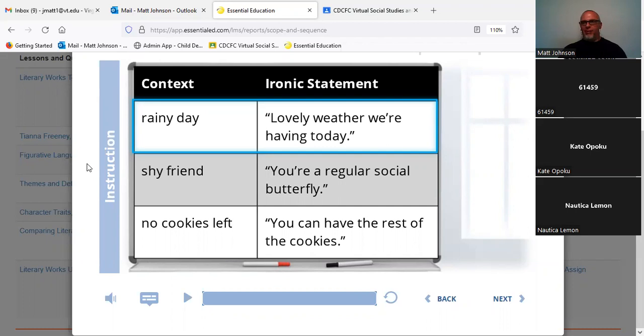You get a flat on your tire and find out that you owe back taxes or whatever it may be, and you're just like, well, I'm just having the best day ever. That's sort of being facetious, which is also sort of part of sarcasm. But yeah, irony is also used in other ways in literary works. Characters often find themselves in ironic situations to sort of build plots and things like that. So let's take a look here.